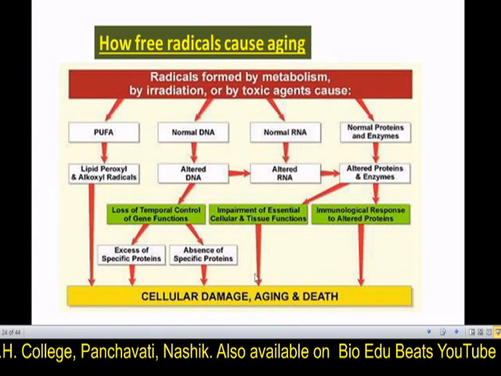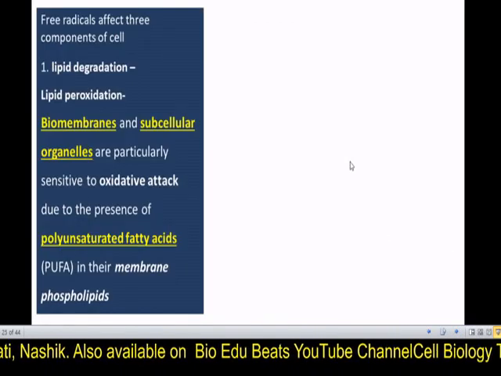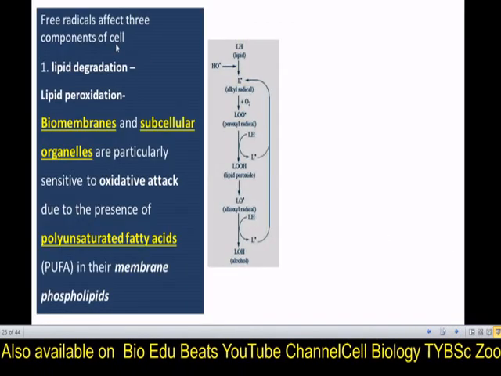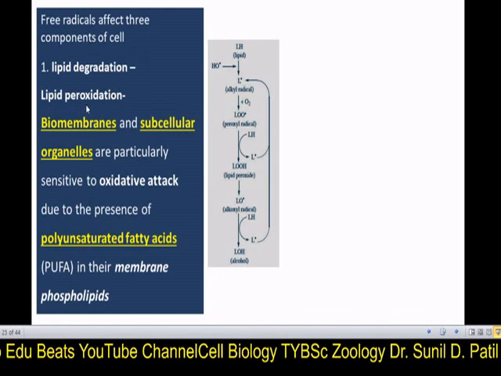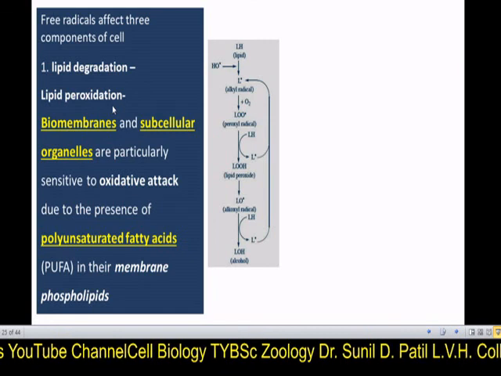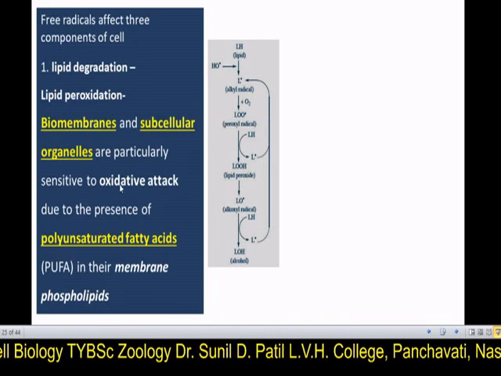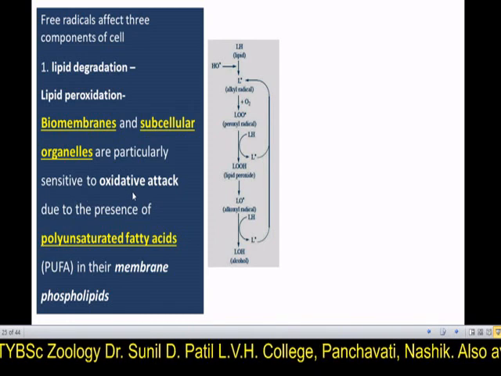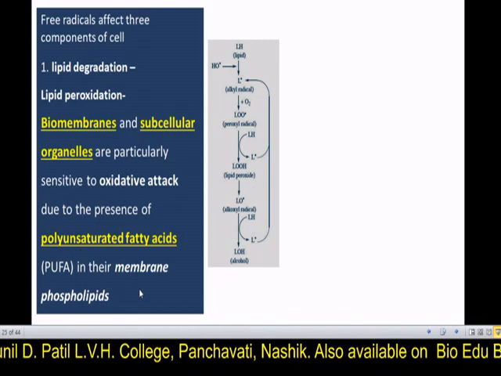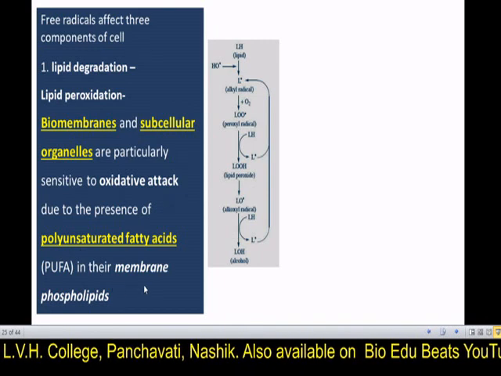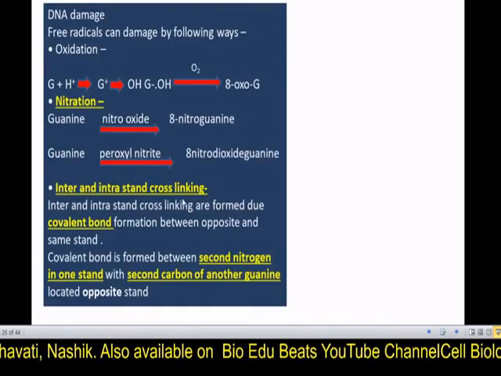Due to this, cellular damage, aging and cell death occur. So free radicals affect 3 components of the cell: lipid degradation, lipid peroxidation, then biomembranes and subcellular organelles are particularly sensitive to oxidative attack due to the presence of polyunsaturated fatty acids (PUFA) in their membrane phospholipids. So you have already studied this.